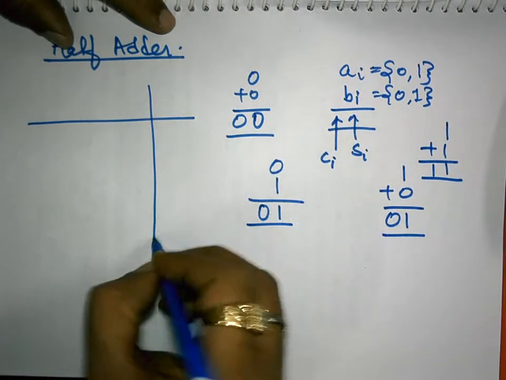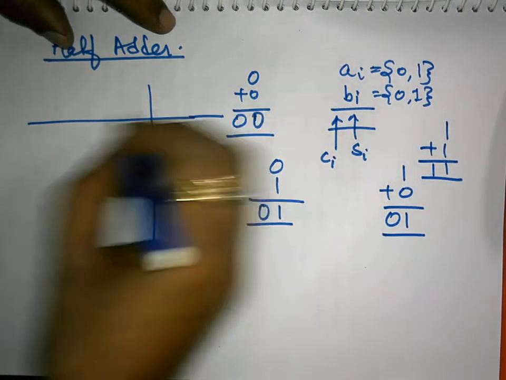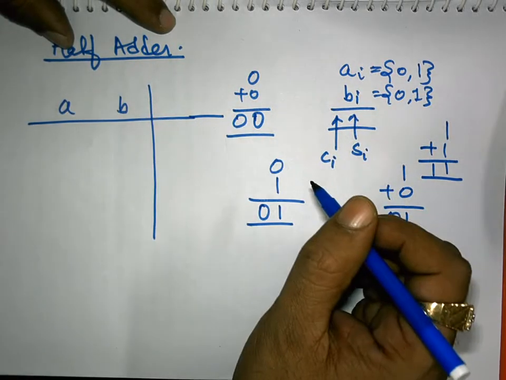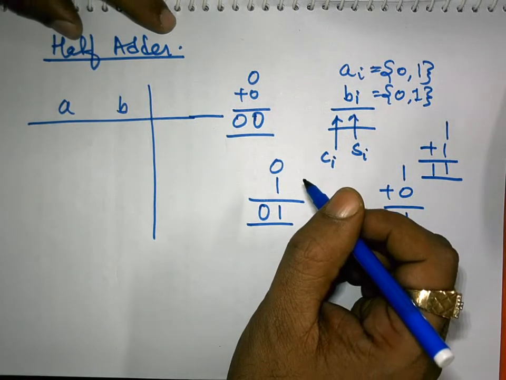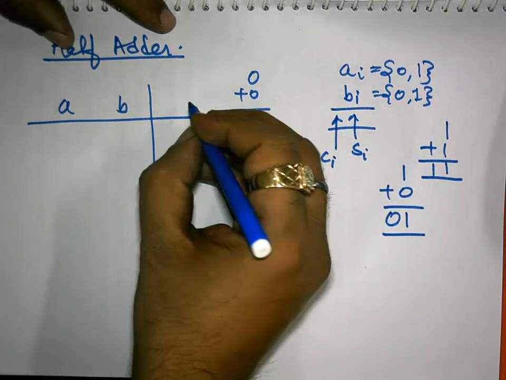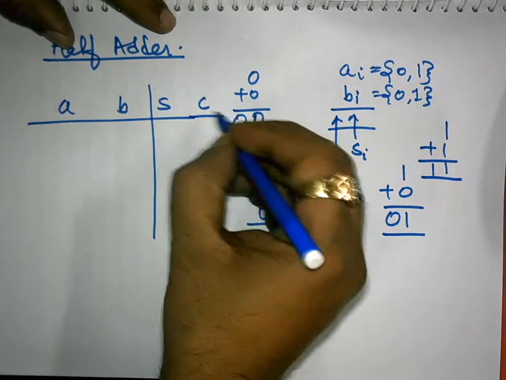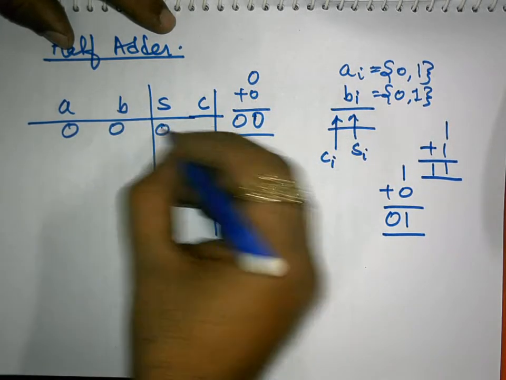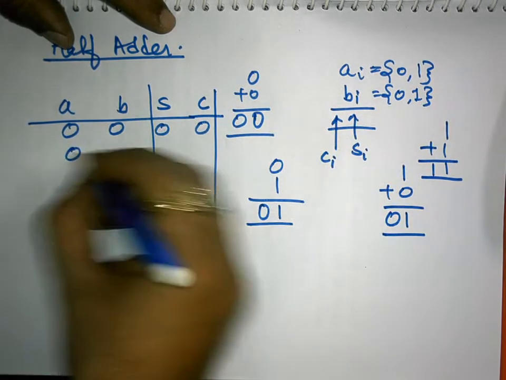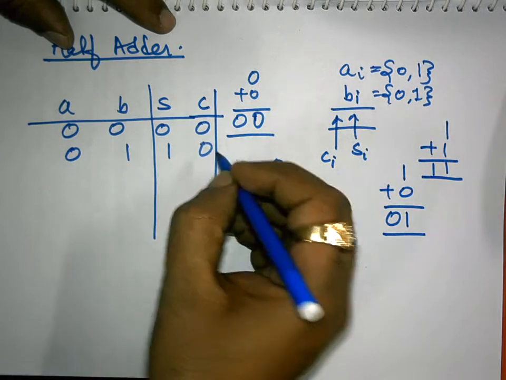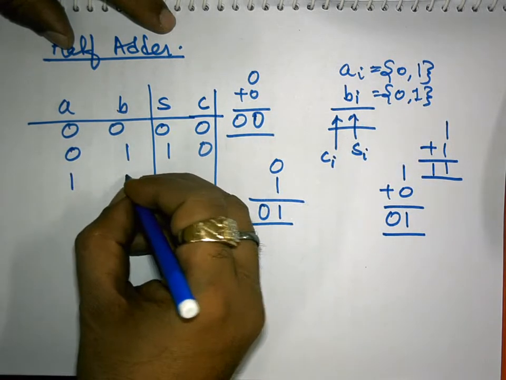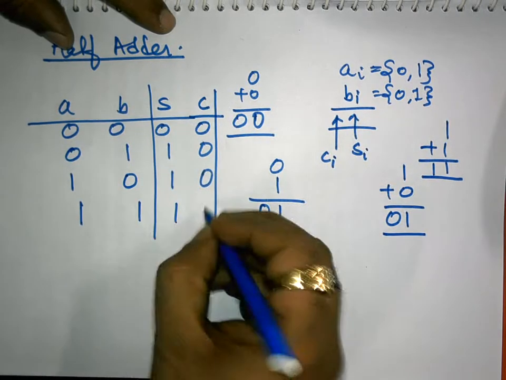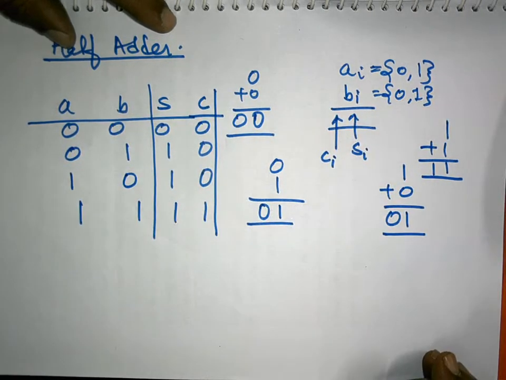So if we make a truth table to satisfy this situation, naturally we have the addend and augend written like this, a and b, and this will be sum and carry. So 0 0, sum is 0, carry is 0; 0 1, sum is 1, carry is 0; 1 0, and 1 1. It is like this. Okay.